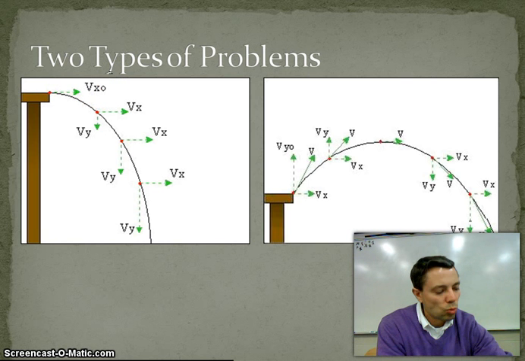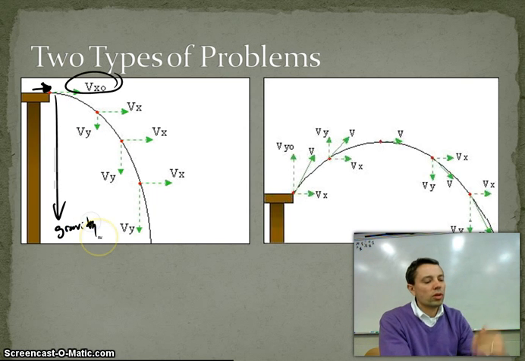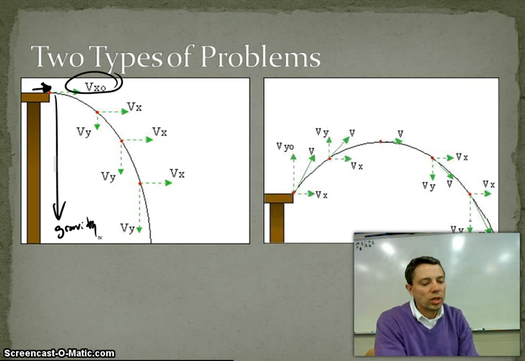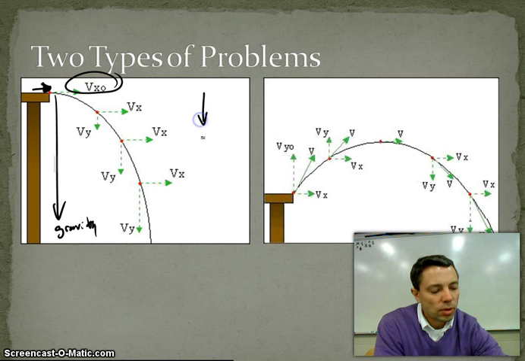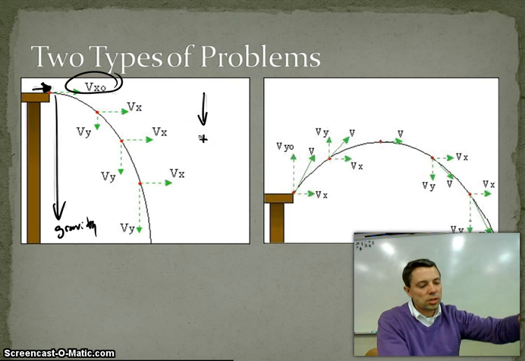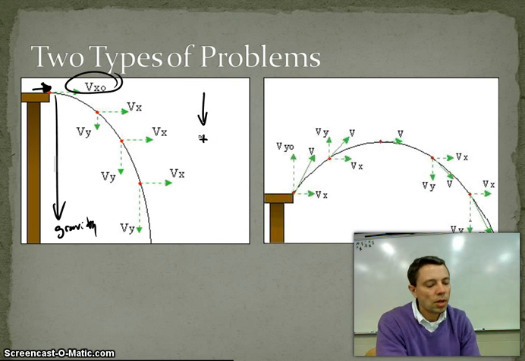It's now a dropping problem, so it drops in the y direction due to gravity. And we are looking at half of a parabola. We tend to treat the downward direction as the positive direction, so we look at it from the standpoint of as we're increasing. So that's my cliff problem, jumping off of a cliff or driving off of a cliff.